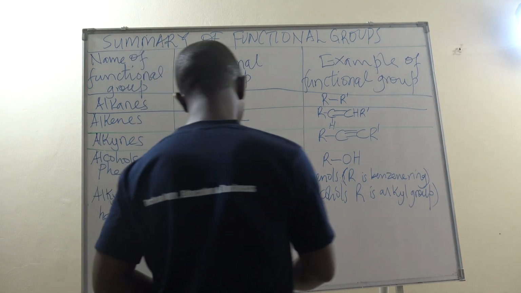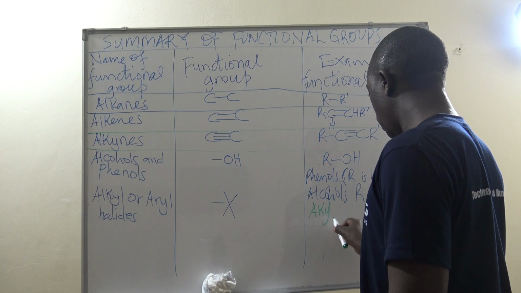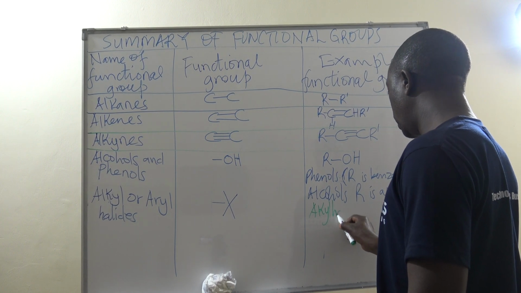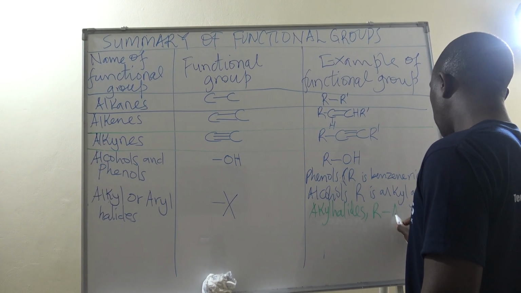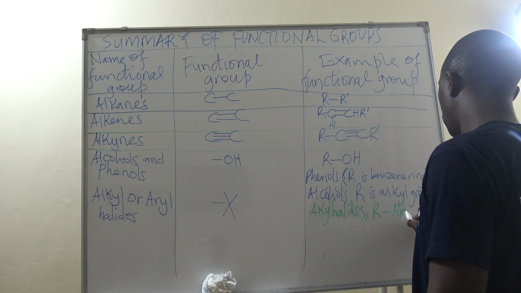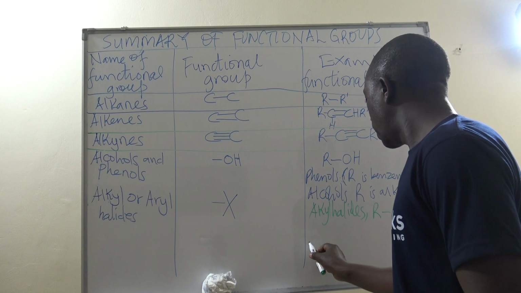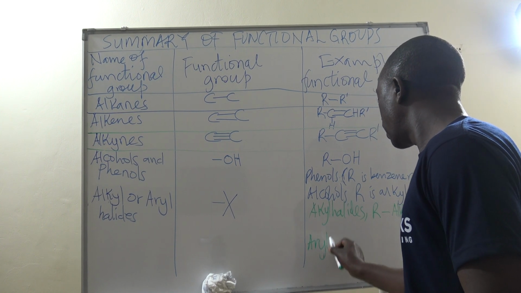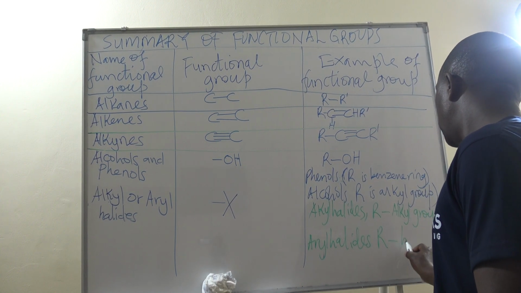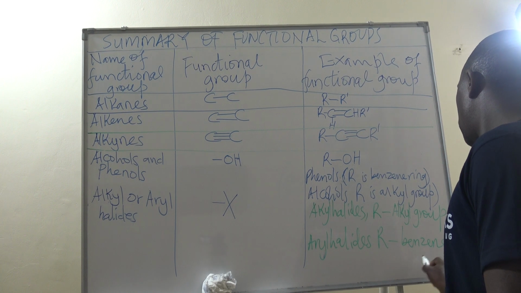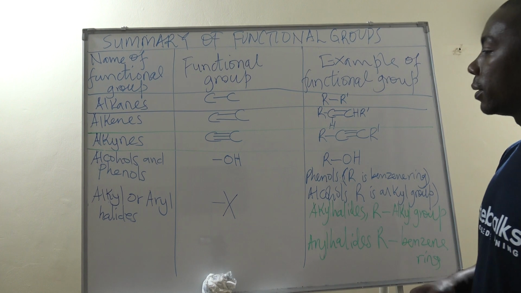For alkyl halides, this R is an alkyl group. Then for aryl halides, this R is a benzene ring.